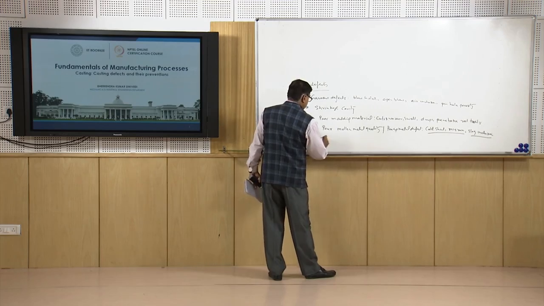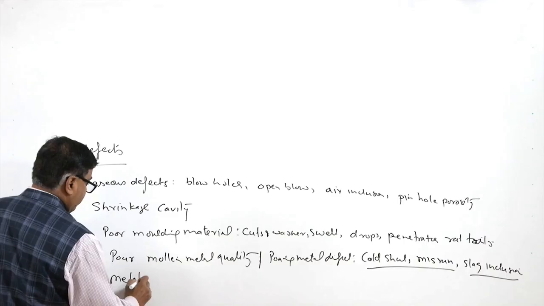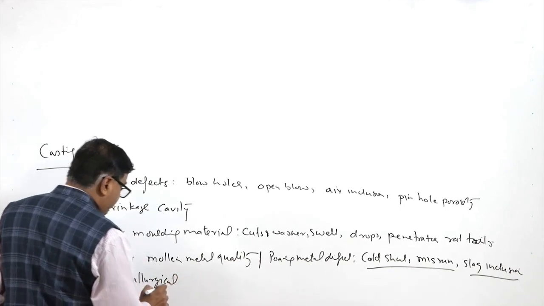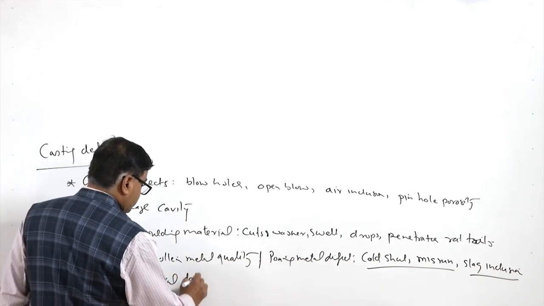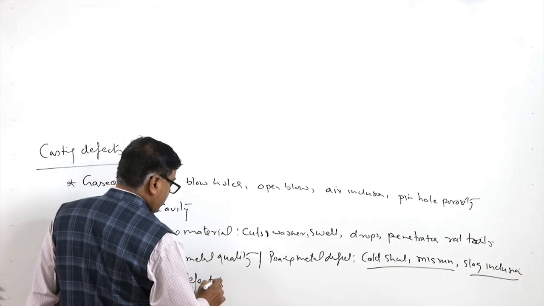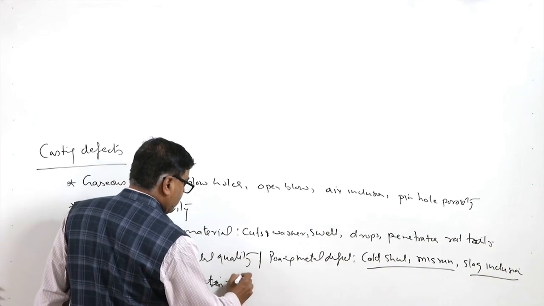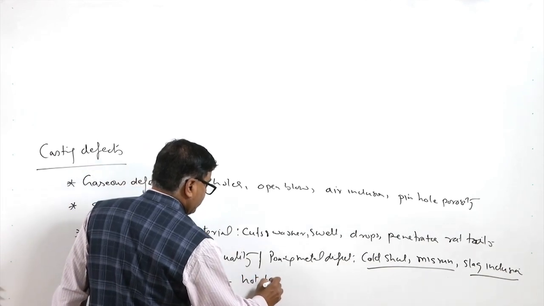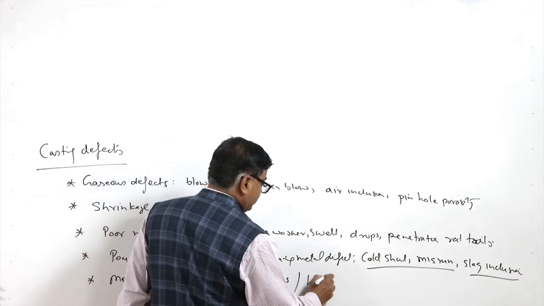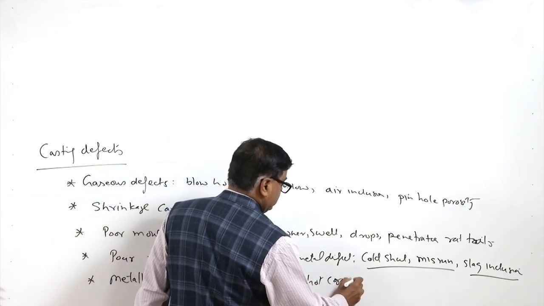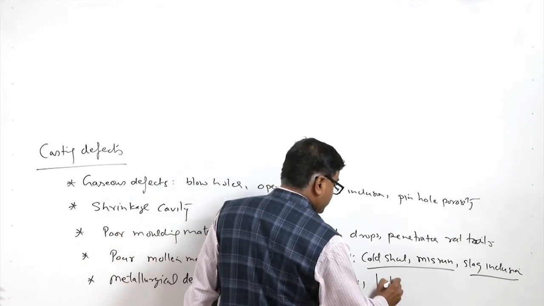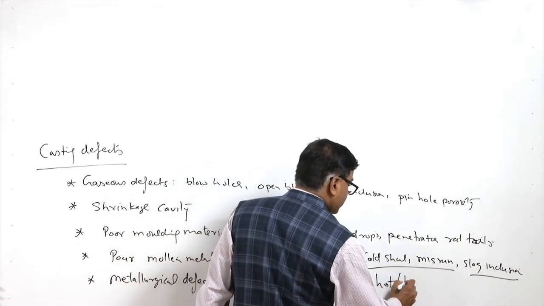And the fifth one, these are the metallurgical defects due to unfavorable metallurgical transformations taking place in the casting, like hot tears, also termed as hot cracks, and then hard spots, also termed as hot spots.